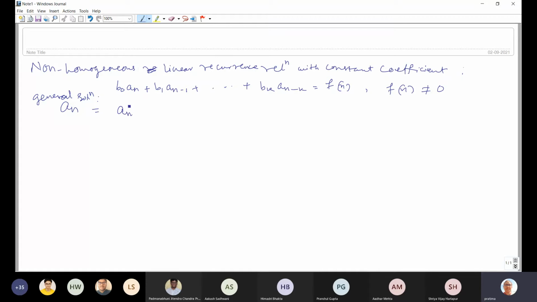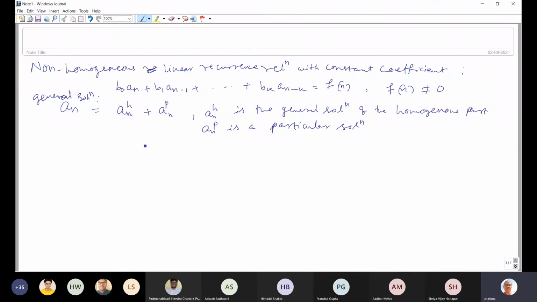One is the homogeneous part, a_n^(h), which is the general solution of the homogeneous part, and the other is a_n^(p), a particular solution.